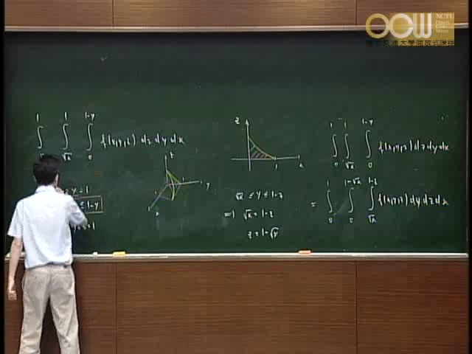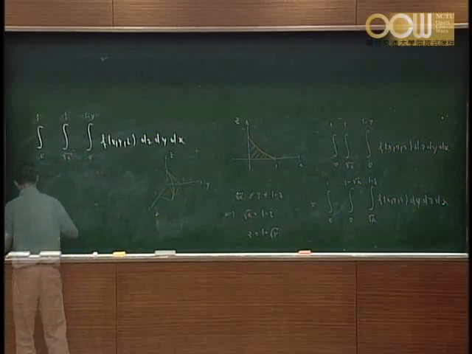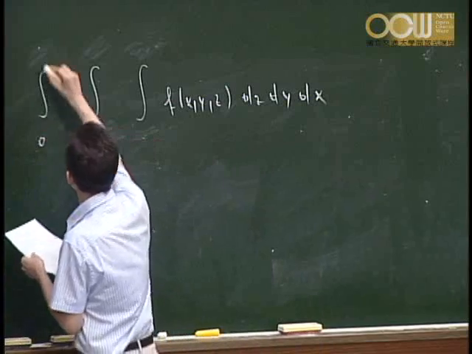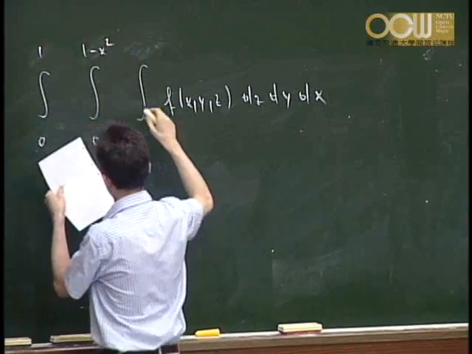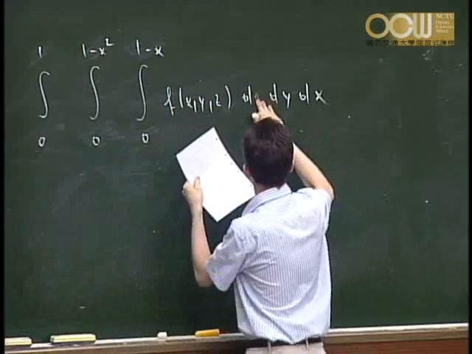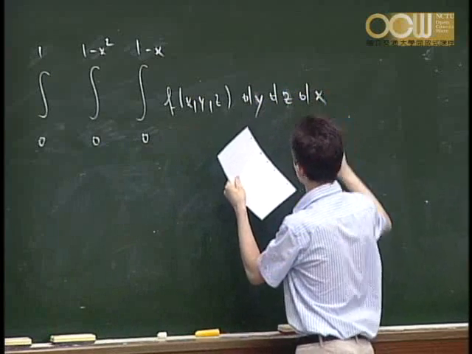Another good example of the same type: 0 to 1, 0 to 1 minus x squared, 0 to 1 minus x, and you have dy here, dz here, and dx here.